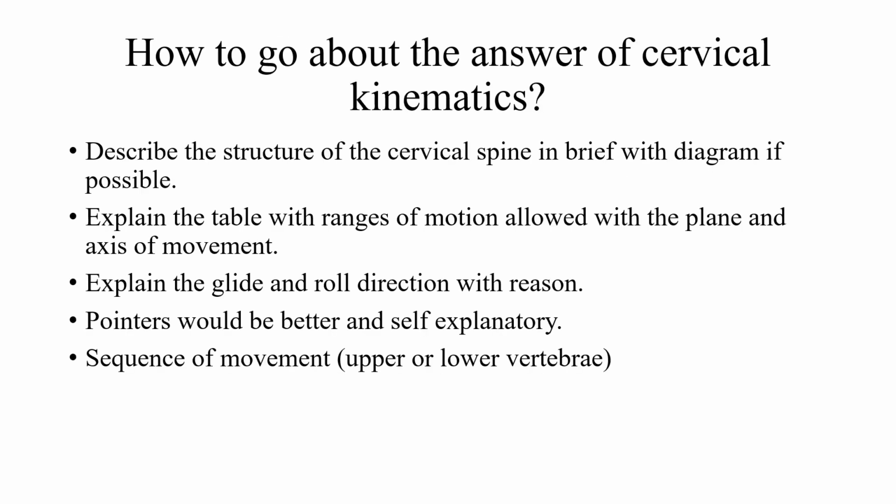So, as a second year, if you have to answer the question of cervical kinematics, first and foremost, describe the structure of cervical spine in brief with diagram if possible, like I have tried to explain, along with the ligaments and all of that. Atypical and typical vertebrae, try to just classify that in brief.